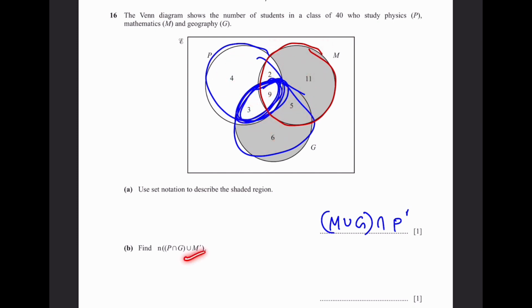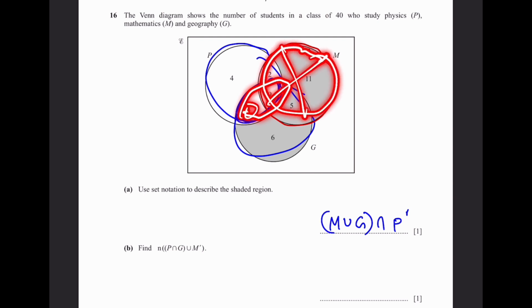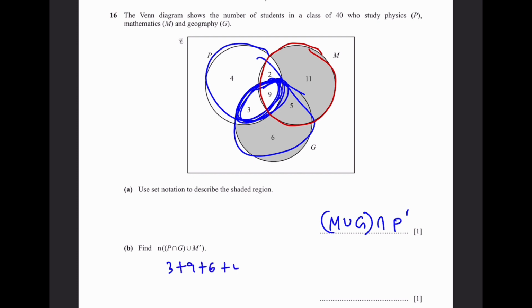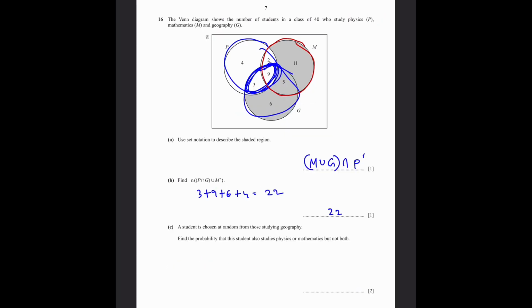But remember, it's union. So we need to consider both this and everything outside this. So 3, 9, 6, 4. Right? 3 plus 9 plus 6 plus 4 is equal to 22. That's the answer.